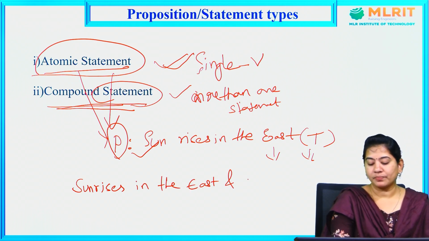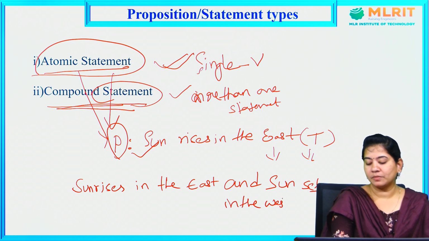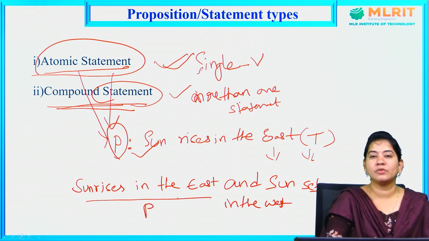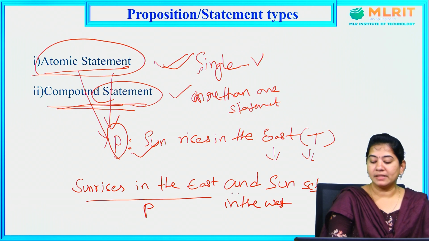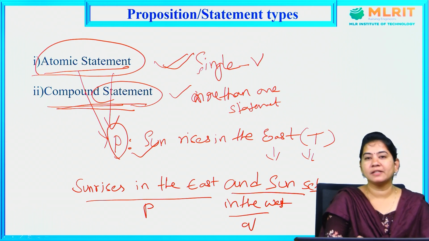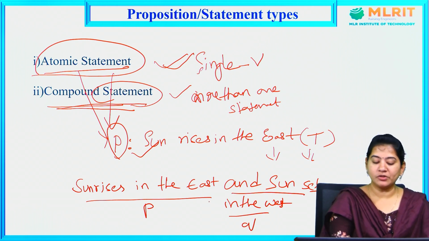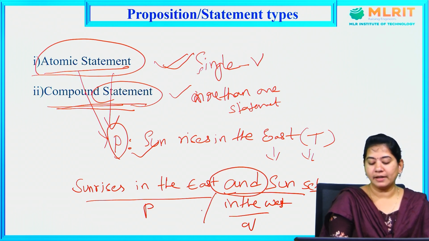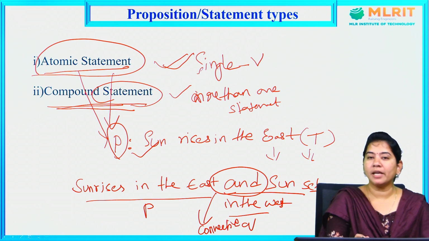and sun sets in the west. If you observe this example, we have one statement, sun rises in the east, which we state as P, and sun sets in the west, which we state as Q. We are combining these two statements with a connective.